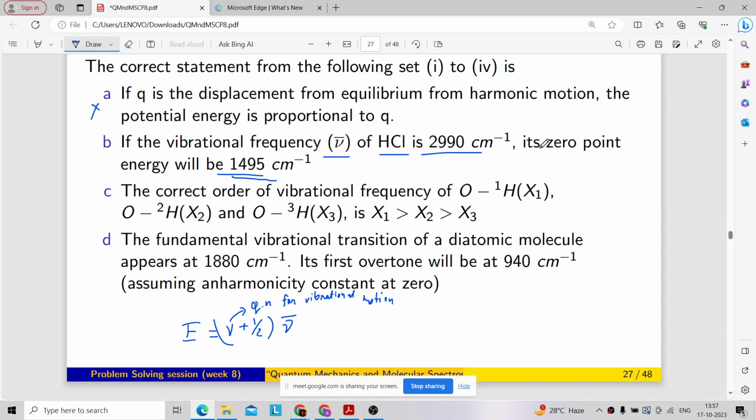And we are told this energy is the zero point energy, that means v will be 0. So in that case the energy will be nu bar over 2. Nu bar is given to be 2990, divided by 2, so the zero point energy will be 1495 centimeter inverse. So this is correct.